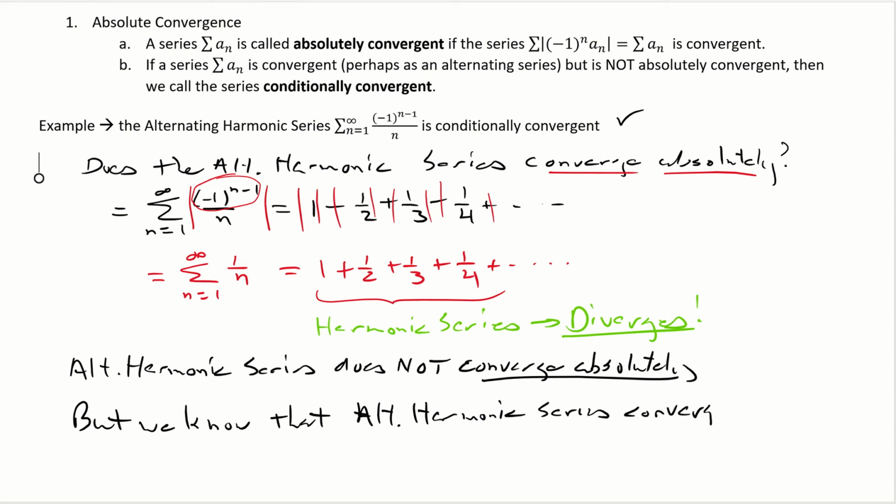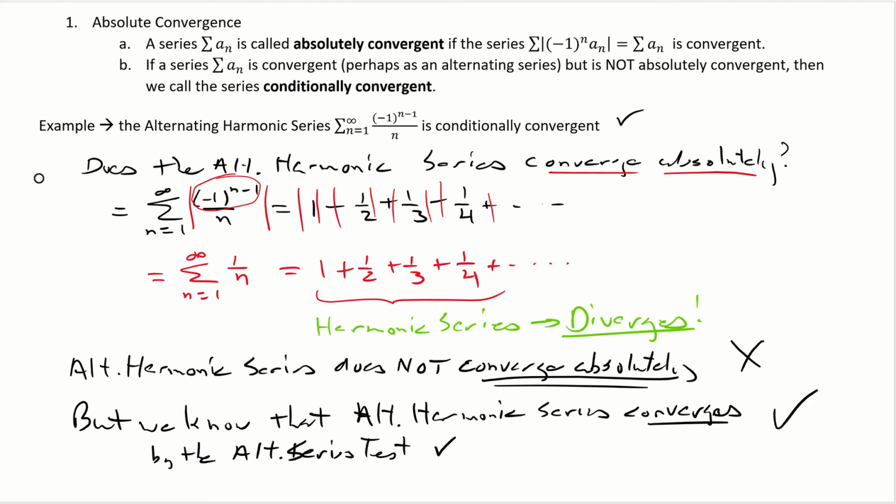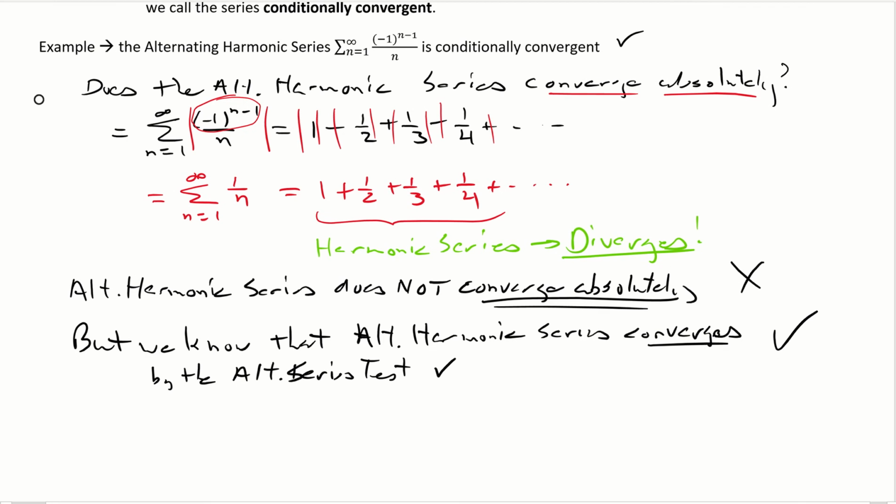It was one of our first alternating series that we tested, and I would say by the alternating series test. So we already proved that, but it does not converge absolutely. So not this, but this it does. Okay? So we have a name for series that don't converge absolutely, but they still converge.